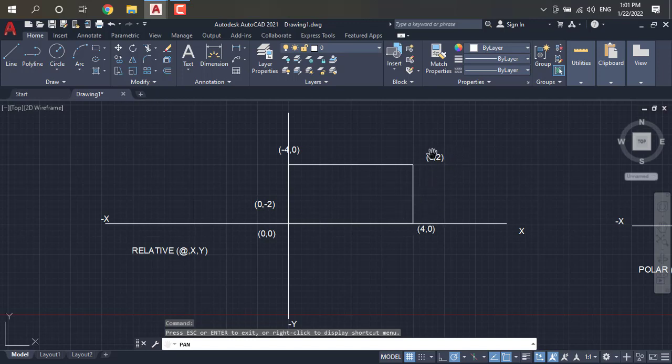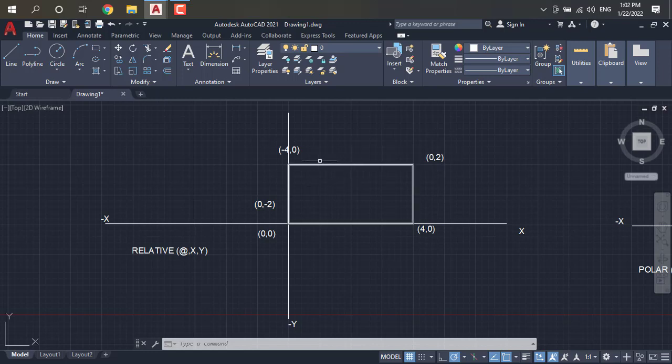If you change x, like here it is 4 and you want 1 point extra, that is 5, then you have to mention 5 comma 2. Otherwise you don't mention x, because it is based upon our previous point. That's why here x is not changed, it will be 0. Only y will be changed, here y will be 2.